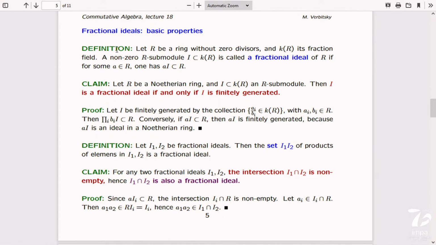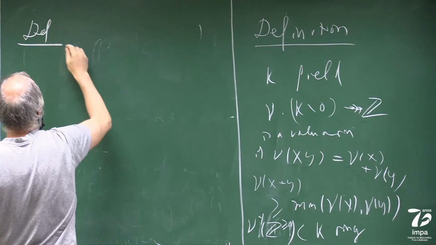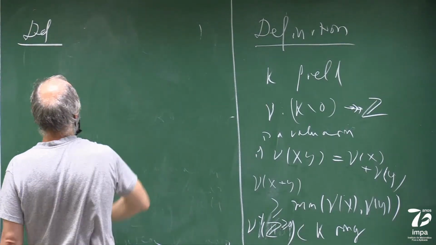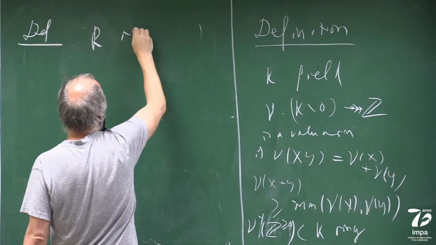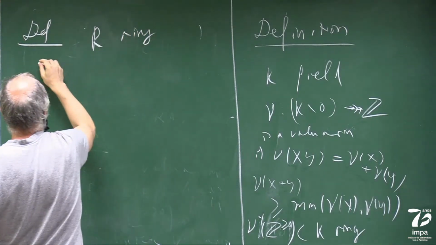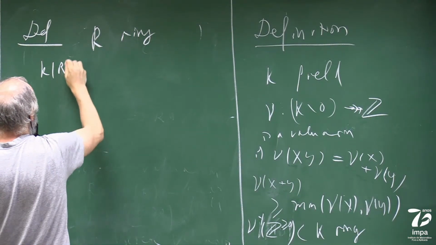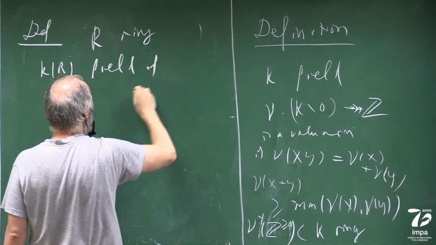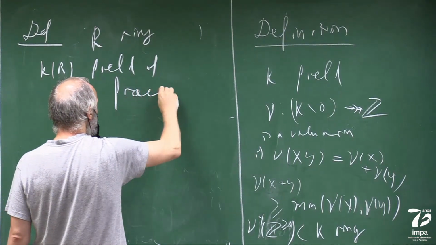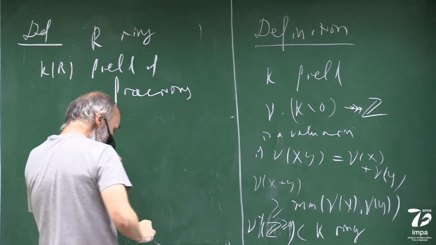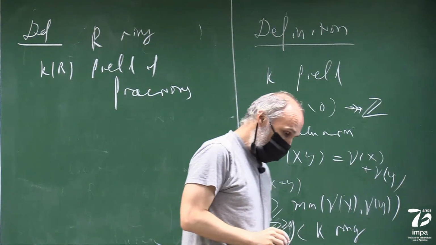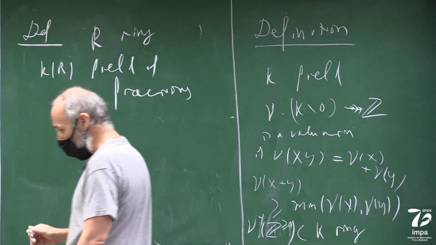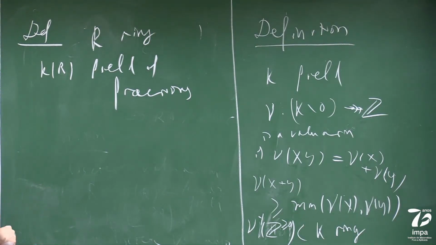So, definition. Suppose you have a ring R, and K of R is its field of fractions. Today we won't have any rings which have zero divisors, so all rings will be what are called integral domains.